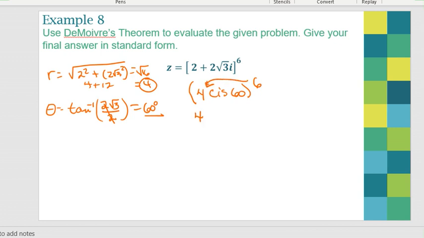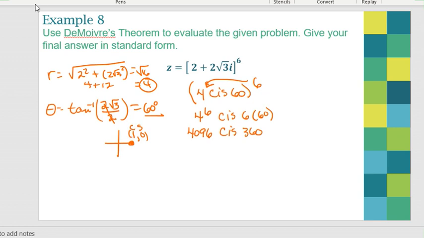Raise that to the 6th. And cis 6 times 60. All right, so 4 to the 6 is 4,096. And cis 360. All right, so that means I need to know what's going on at 360 or 0 degrees. It's right here. The cosine, it's out 1, up 0. So this is cosine sine.